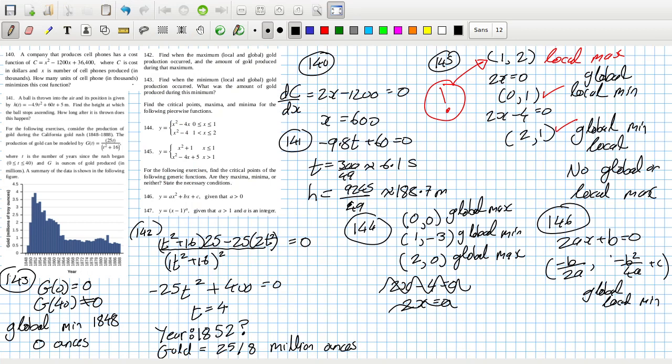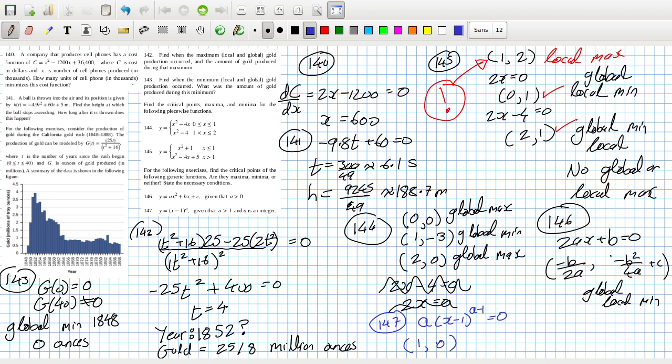Okay, and then lastly, 147, if I can squeeze it in here. Bring down the power. Reduce the power by 1. Okay, for that to equal 0, that would be when x is 1, and you would have a 0.